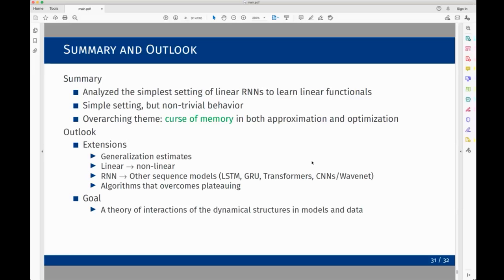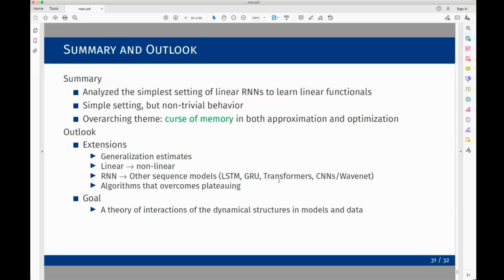Of course, we would like to extend this to the nonlinear case and to other recurrent neural networks, and to other temporal structure models like LSTM and transformers. Right now there are a lot of debates over whether transformer is better than LSTM or vice versa. We hope that our simplified setting, the linear and continuous setting, is already enough to gain some insights over different choices of architectures.